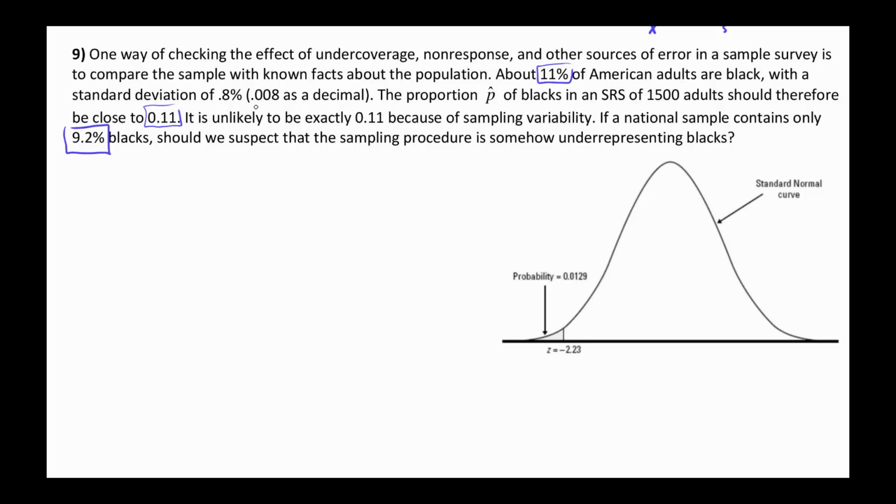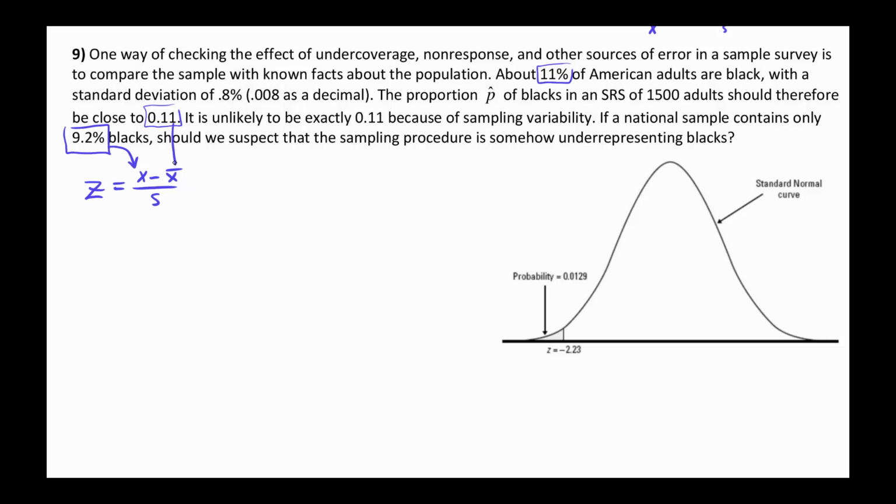First off, the equation that we have to remember with normal curves is this: z equals x minus x bar over s. Z being the z-score. Remember those z-scores here? X means the specific value that we found in our sample, and I think here that's the 9.2%.